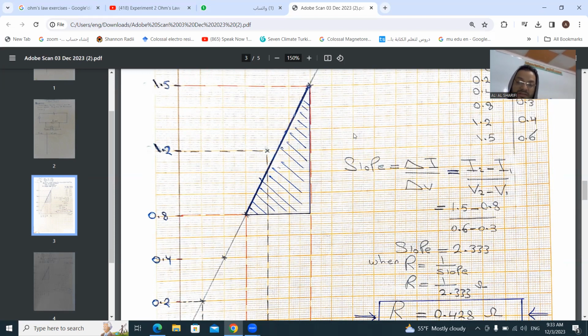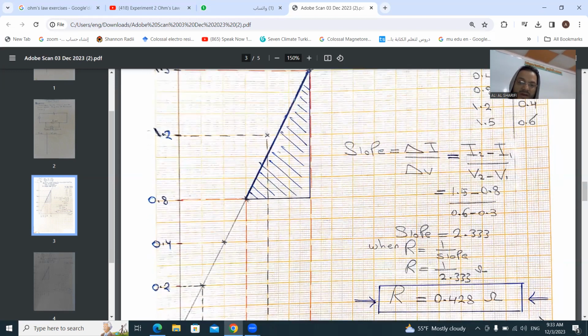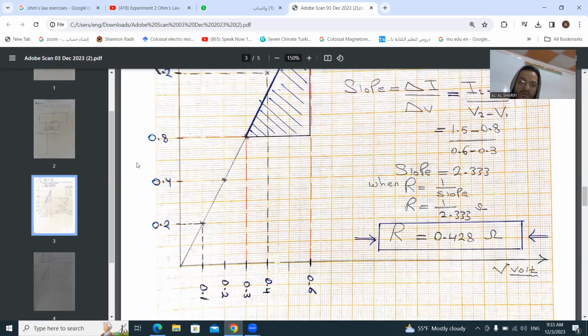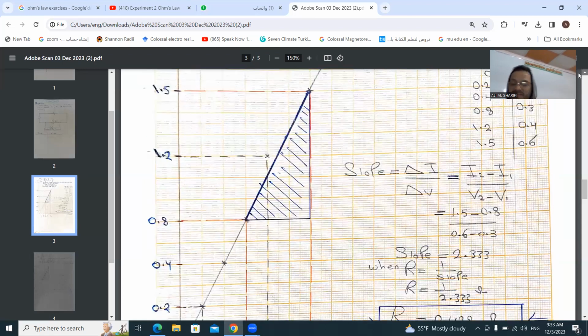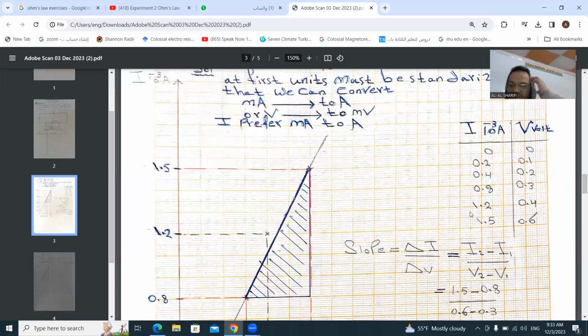But here the situation is different, because I started with these 2 points and then with the other 2 points, and the results didn't equal each other. Why? Because this diagram and these results are from my imagination. These are not real. These are not really from an ammeter and voltmeter.